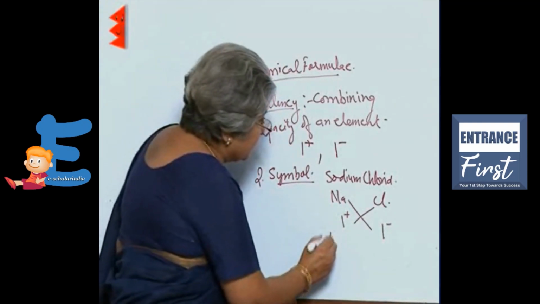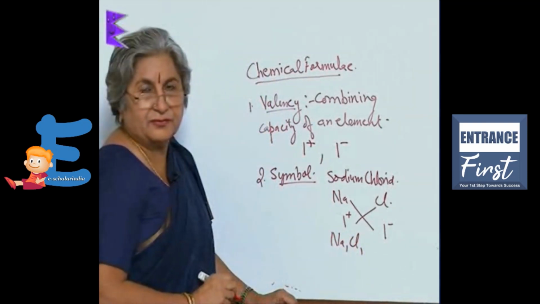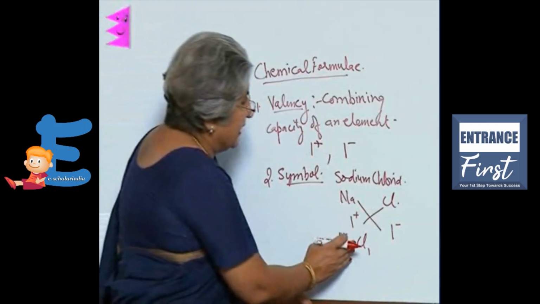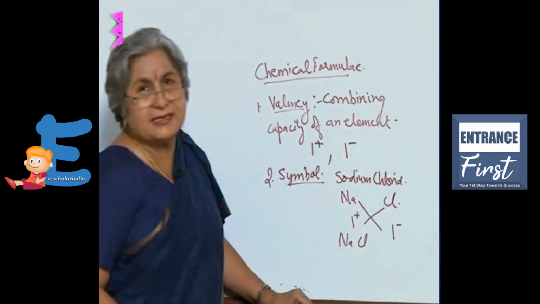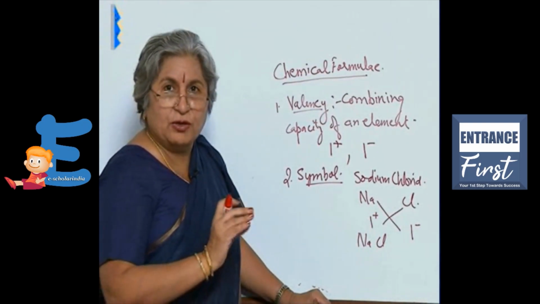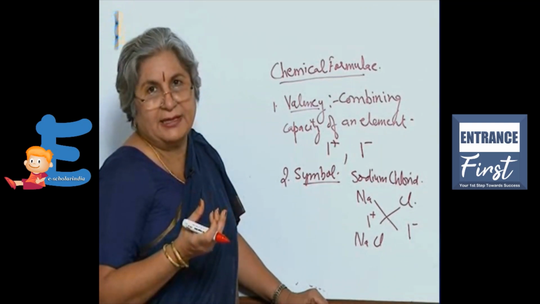So, what we will get is Na1Cl1. But then the method is, if it is 1, we don't write anything. When nothing is written, it means it is 1. And also, if both are equal, even if it is 2, then we don't write anything.